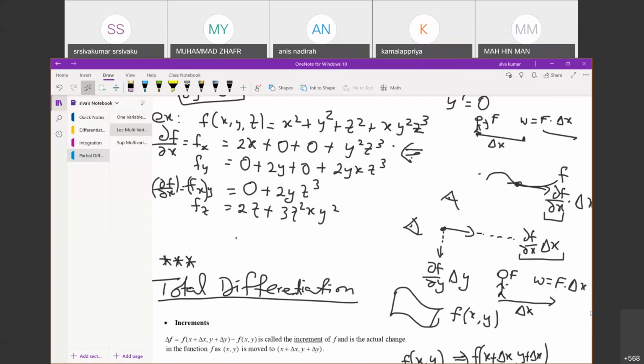Now in this kind of surface, you can see there is an f. The equation f(x,y), with two independent variables, will enable us to sketch this surface. This surface contains two kinds of movement.